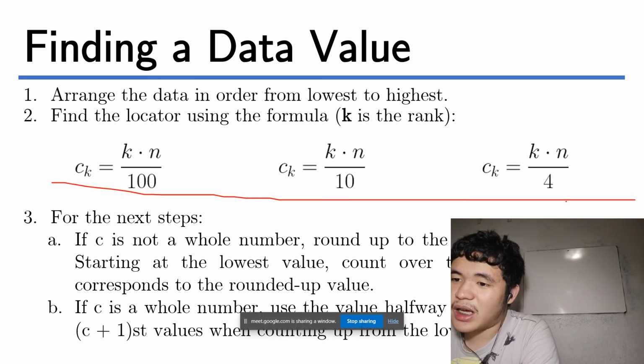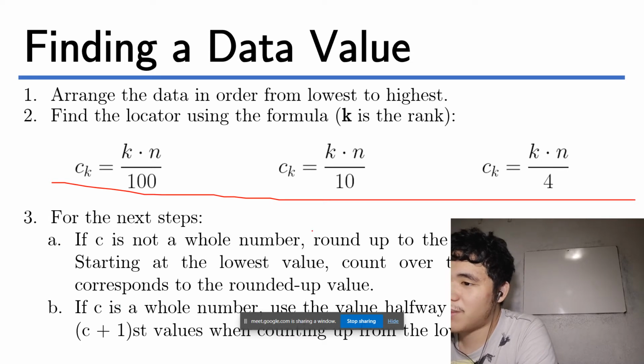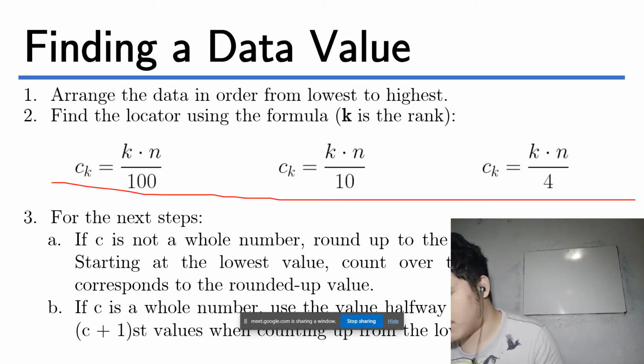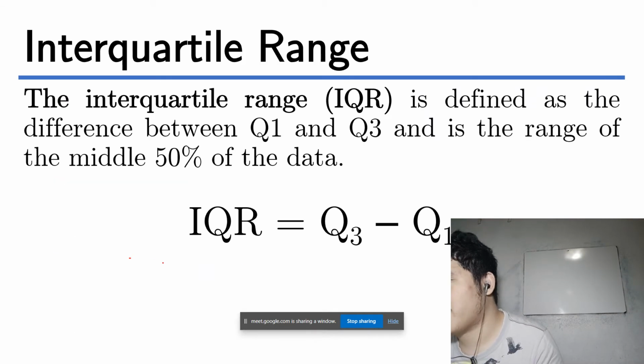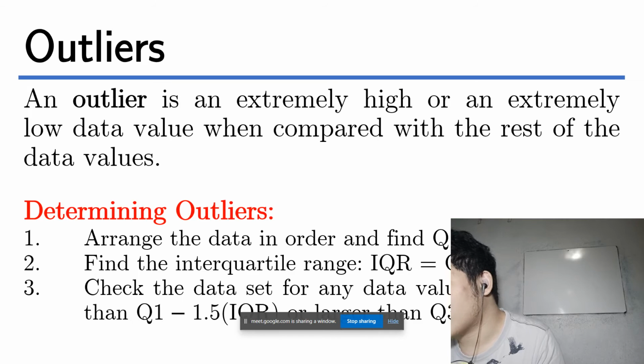Hanapin nyo muna to. Then, if c is not a whole number, round up to the next whole number, starting at the lowest value. Then, if whole number, get the average between c and c plus 1. Interquartile range, ito, Q3 minus Q1. Outlier siya kapag ganito, smaller than Q1 minus 1.5 IQR, tsaka larger than Q3 plus 1.5 IQR.